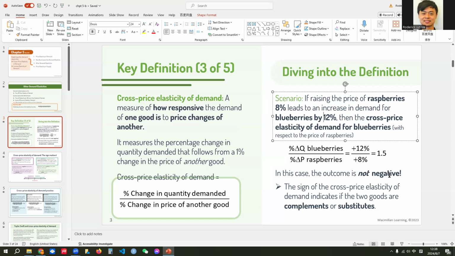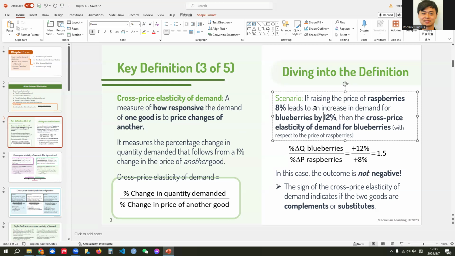That has some implication of the relationship between the two goods. So recall that if it is inside one good, it is the price increase of raspberry, then that will cause the quantity consumed for raspberry to do what? To decrease, right?